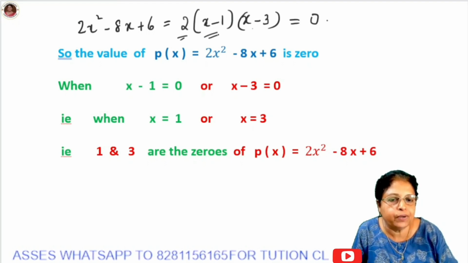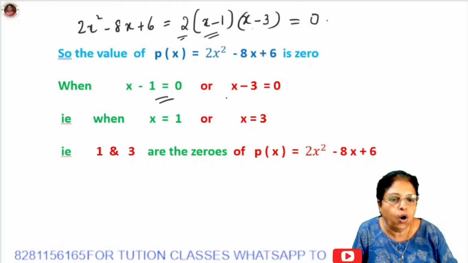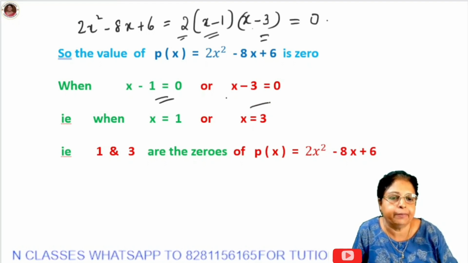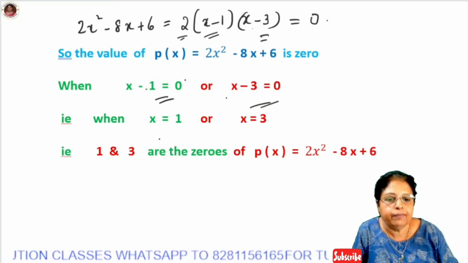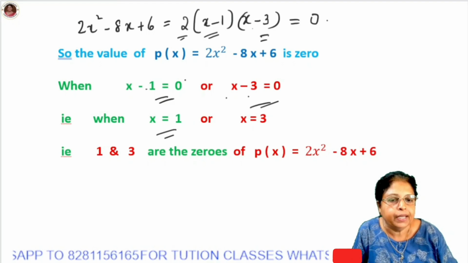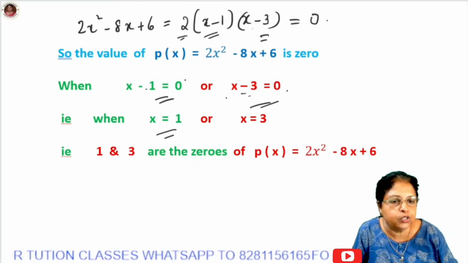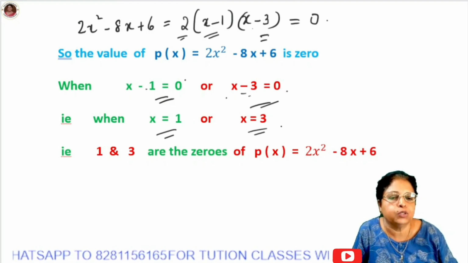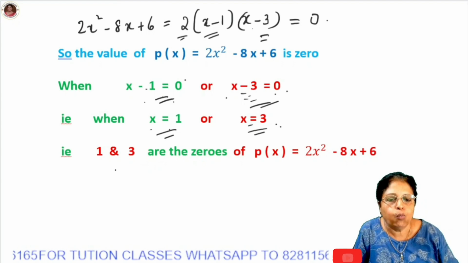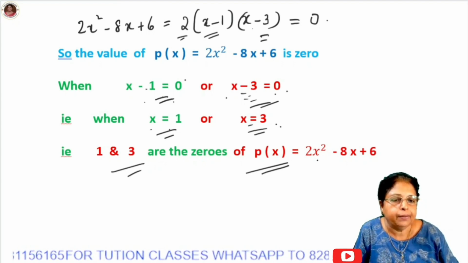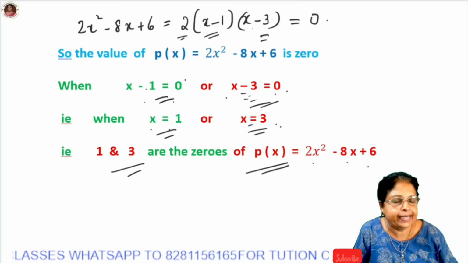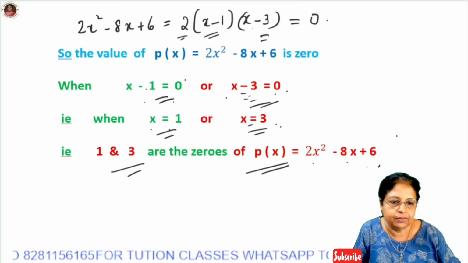So x minus 1 can be 0 or x minus 3 can be 0. If x minus 1 equal to 0, we will get x equal to 1. Here if x minus 3 equal to 0, we get x equal to 3. That means 1 and 3 are the zeros of this polynomial 2x square minus 8x plus 6.